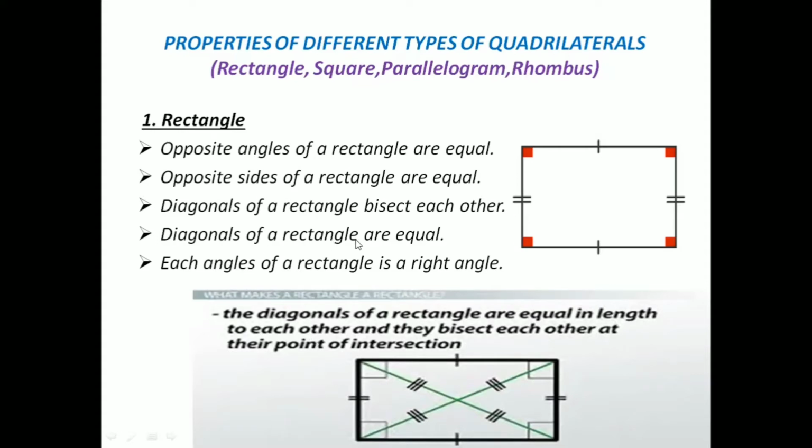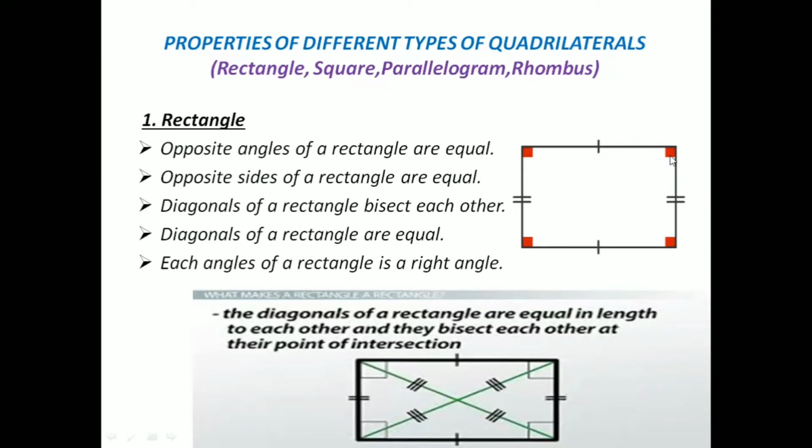And diagonals of a rectangle are equal. When we measure the length of this diagonal and this diagonal, they will be equal in length. Next, each angle of a rectangle is a right angle. When we measure each angle, the measurement will be 90 degrees.